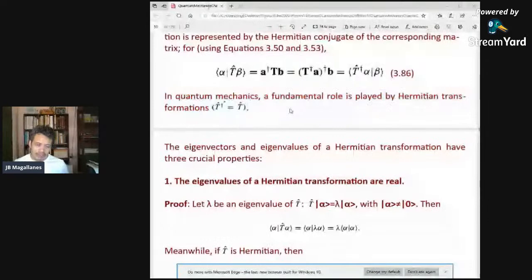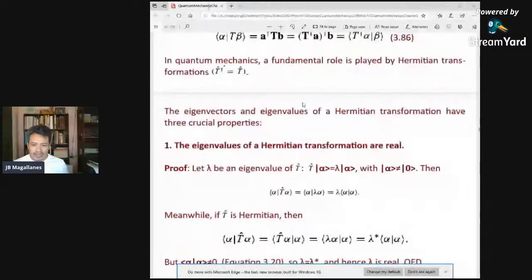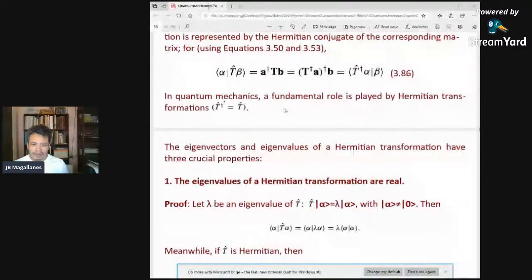Because Hermitian transformation has that importance in quantum mechanics. Some of the transformations that we do are Hermitian.